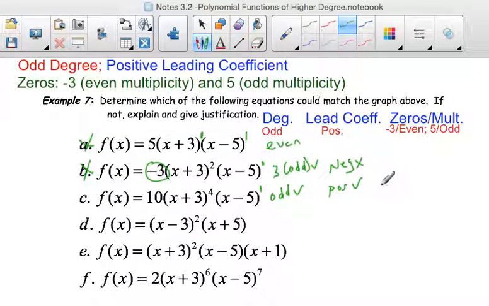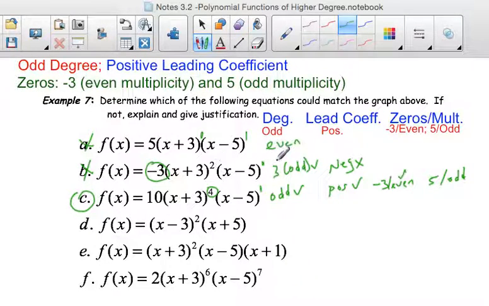We have a 0 at -3 with a multiplicity of 4, so that's even, so that matches. And we have a 0 at +5 with a multiplicity of 1 because we have an exponent here of 1. So letter C could possibly be the graph of the function that we see in example 6.